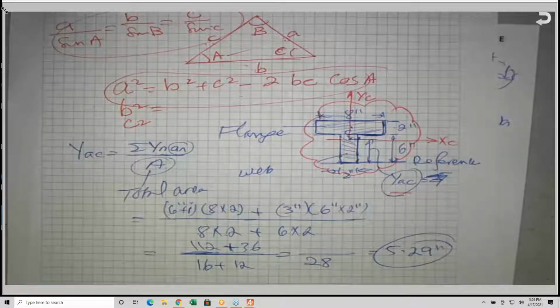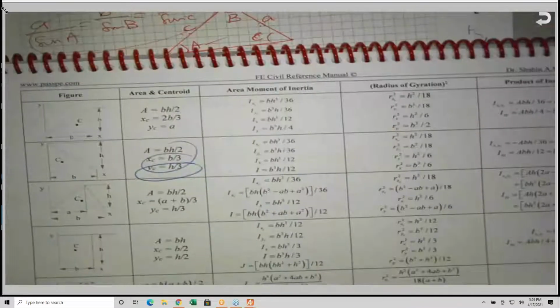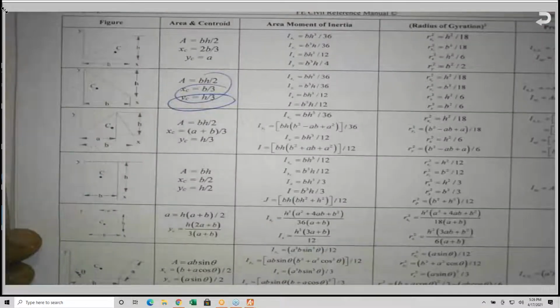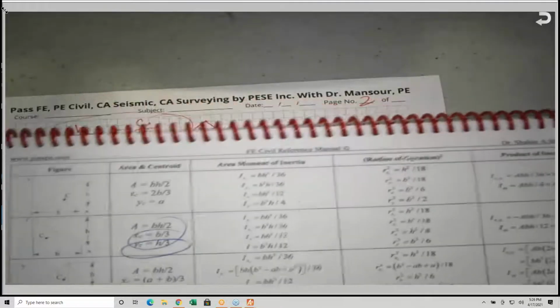At the end of this section of this chapter, I provided you with the tables that you will see in the NCEES. If you jump all the way to the end, on page 40, you will find that these tables are produced from the same document.